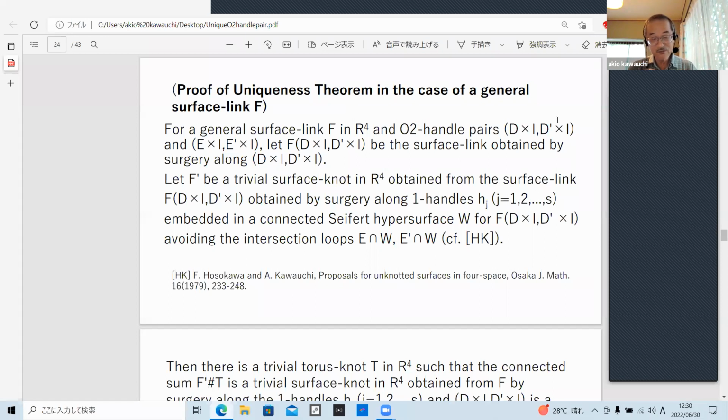Some kind of 100 removed, then we'll get 100 body. We'll get that the 100 body boundary is a trivial surface knot. So such a 100 is considered in W, attaching 100 to this.